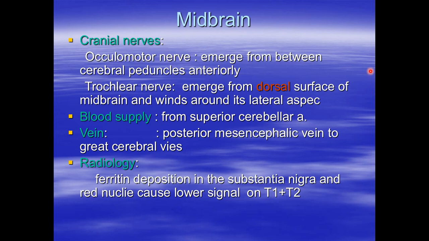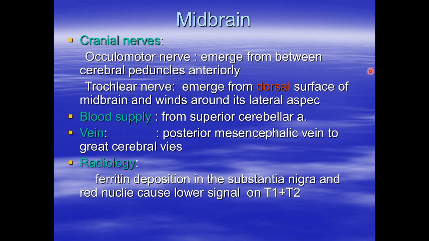The blood supply of the midbrain is from the superior cerebellar artery, which is a branch of the basilar artery. The venous drainage is through the posterior mesencephalic vein to the great cerebral vein. Now, radiologically, the ferritin deposition in the substantia nigra and the red nuclei causes lower signal intensity on T1 and T2.